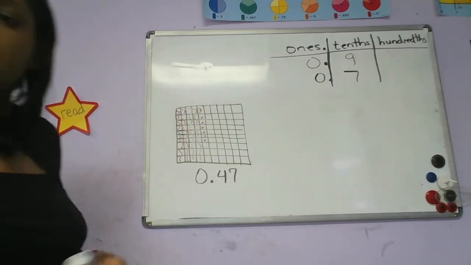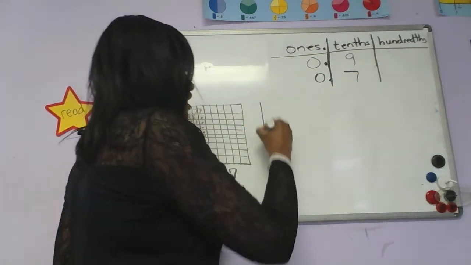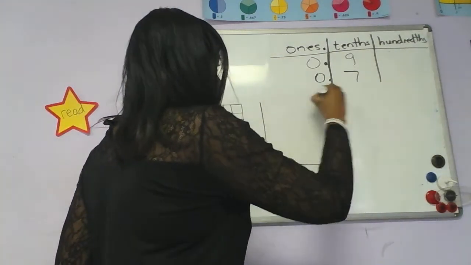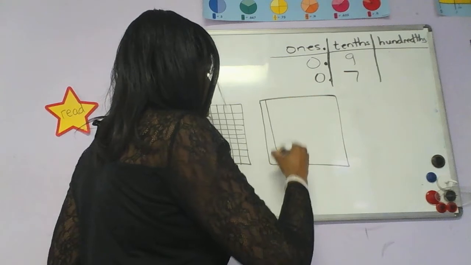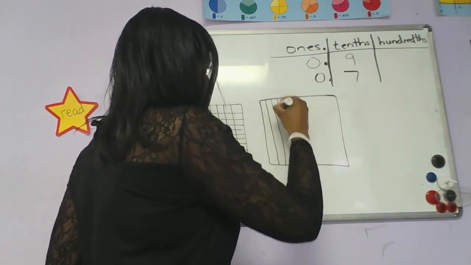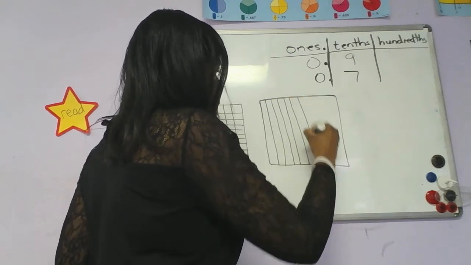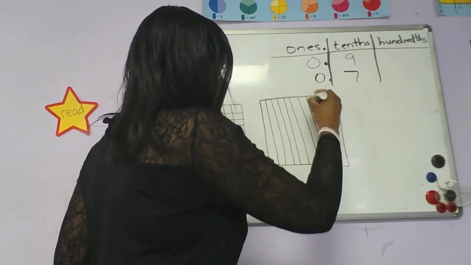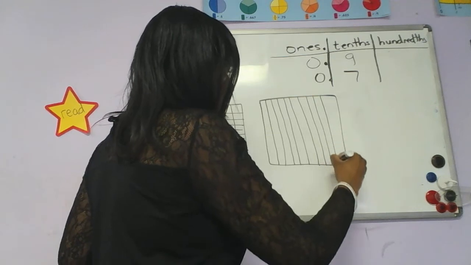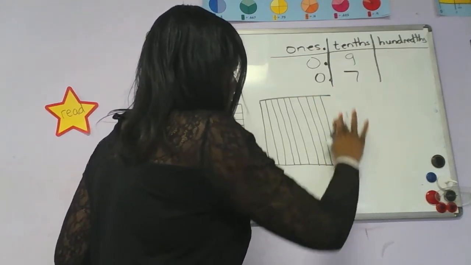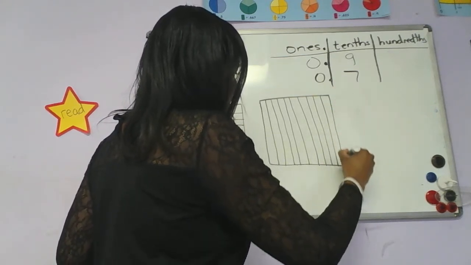I just counted 47 little squares to shade in. Now let's try 50/100. This one always ends up looking a little bit wider.